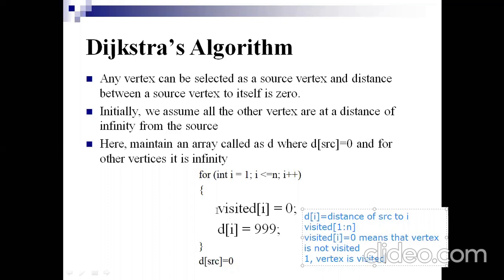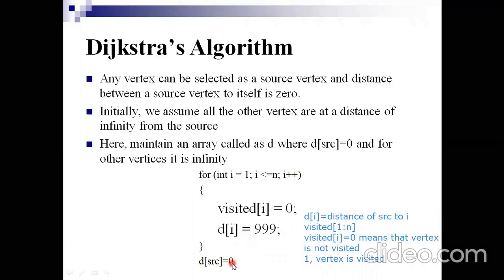So initially I mark all the vertices as not yet visited, and the distance from source to i, where i ranges from 1 to n, is initialized to 999. Along with that, we know that the distance of source to itself is 0. So D of source is equal to 0, and D of i is initialized to 999.